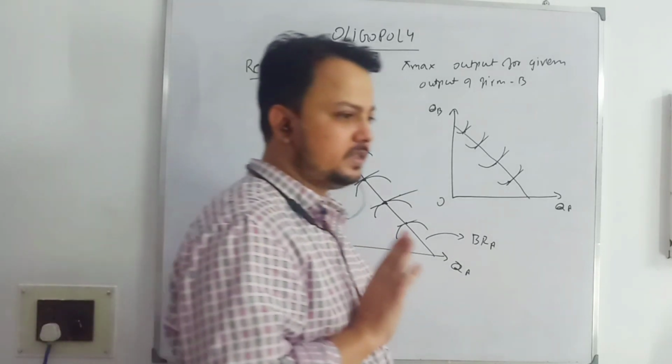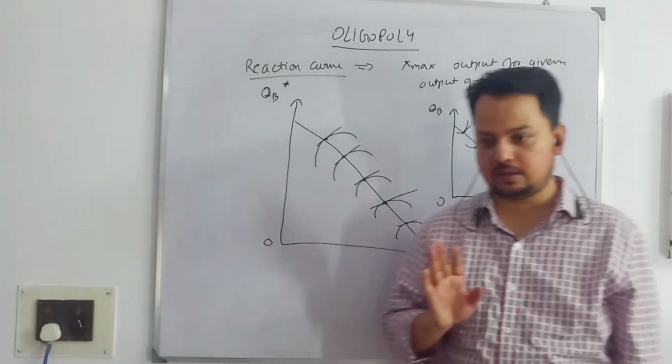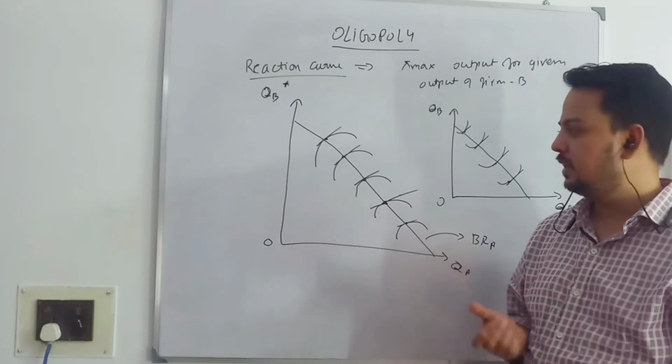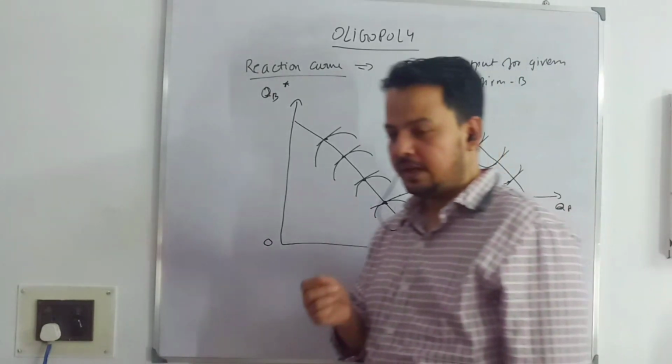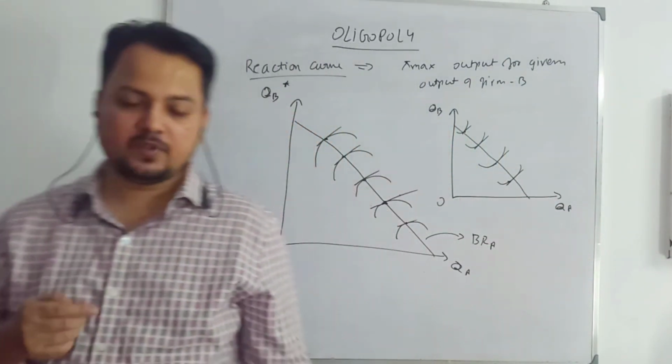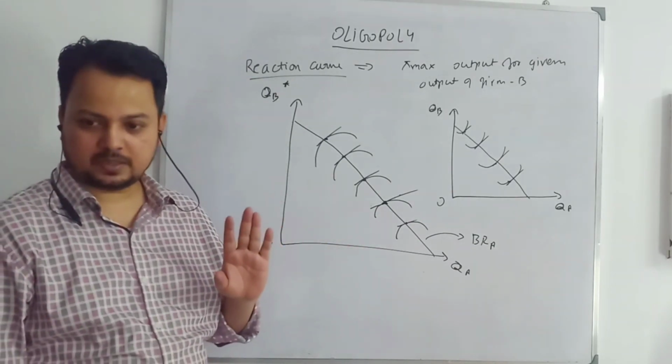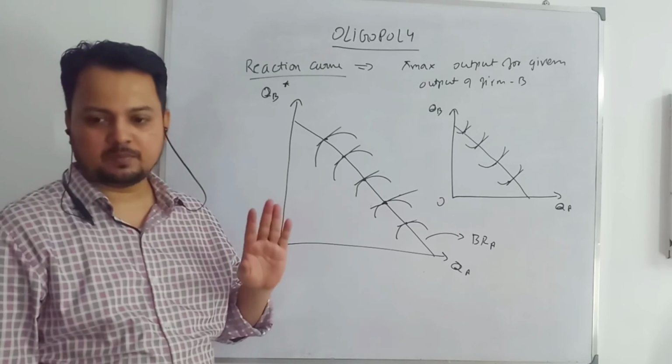The Cournot model has a stable equilibrium. The equilibrium that we get in the Cournot model is a stable equilibrium. A stable equilibrium basically means that if we deviate from the equilibrium, we will get back to the equilibrium. This is what stable equilibrium means.